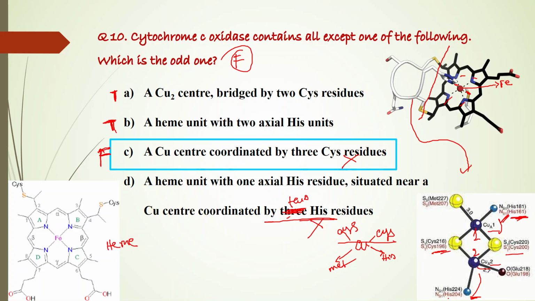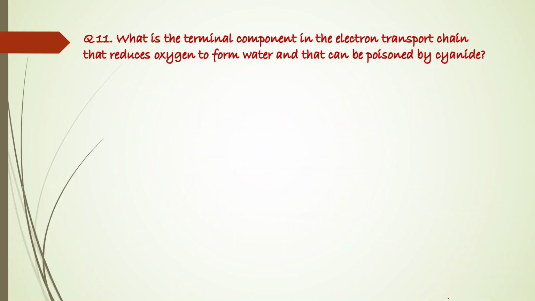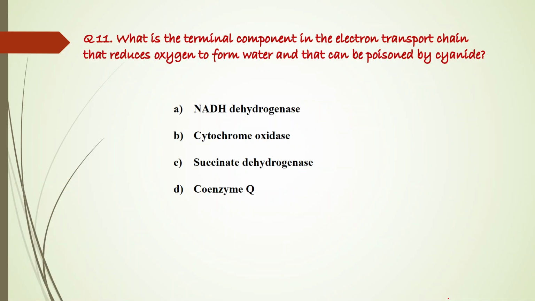Okay, so let us move to the next one. Question number 11 is saying, what is the terminal component in the electron transport chain that reduces oxygen to form water and that can be poisoned by cyanide? So you have to identify the terminal component for electron transport where you get oxygen to water.